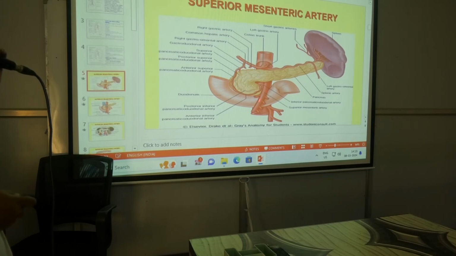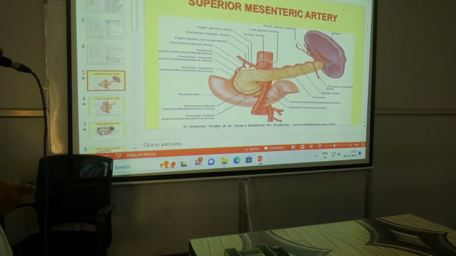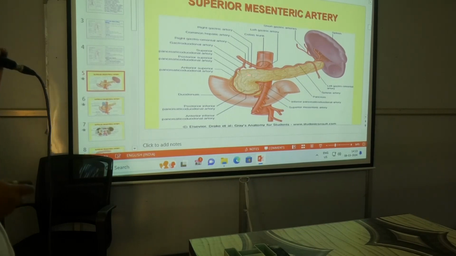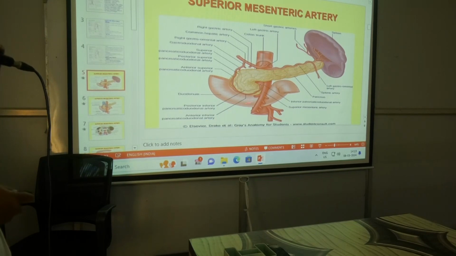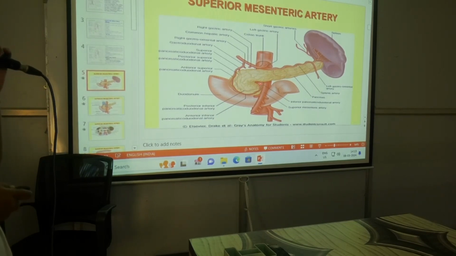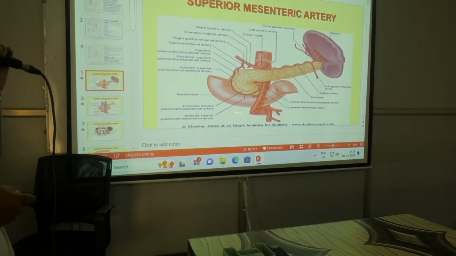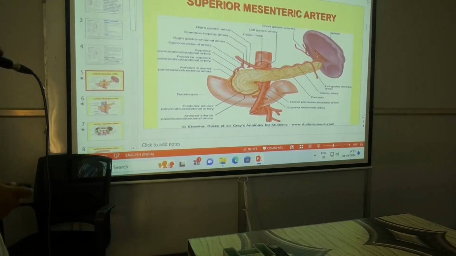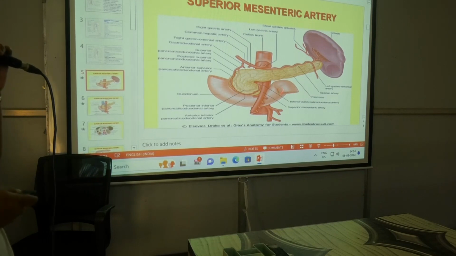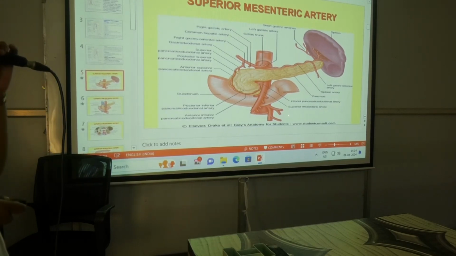Okay? After that, it is giving other branches. And see here, the superior mesenteric artery is passing in front of this uncinate process and in front of this third part of the duodenum. On the right side, it gives the colic branches, and on the left side, these are the 8 to 10 almost, branches for jejunum and ileum.